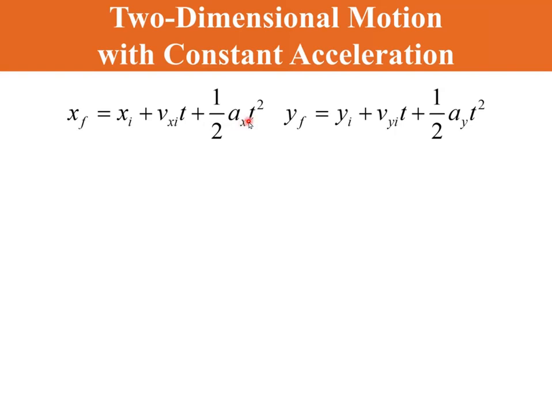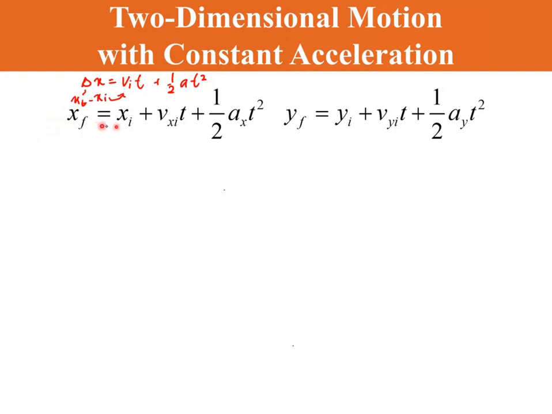Or sometimes you might have written it this way when you were in school: delta x equals vi t plus half a t squared. So delta x is basically x final minus x initial. So x initial moves to the other side, and then it becomes the equation downward too.